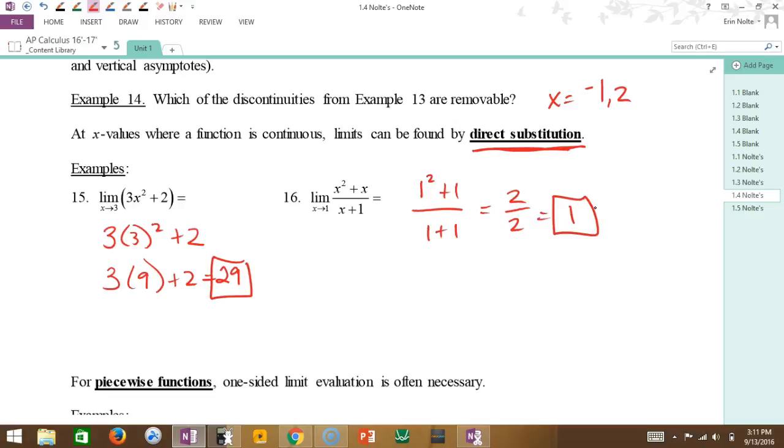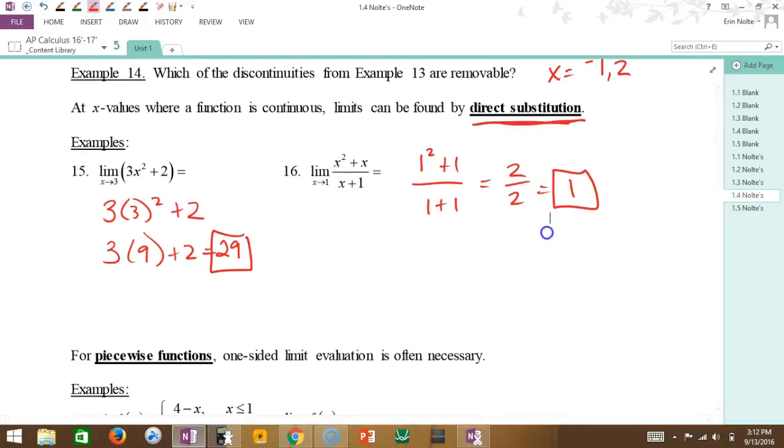The output value is the limit. The x approaches 3, that's not the limit. Sorry, is that what you asked for? Thanks for answering her question.